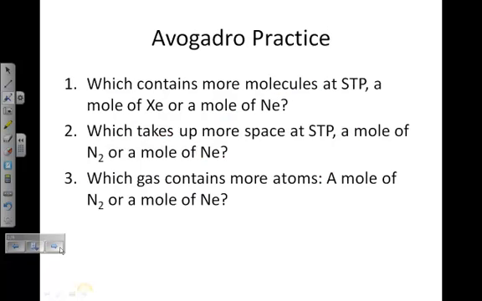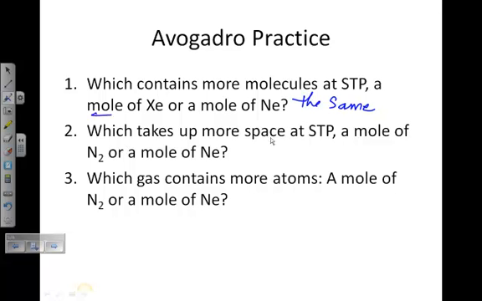Now for some practice. Let's see if you understand these concepts. Which contains more molecules at STP, a mole of xenon or a mole of neon? If you said the same, you were right, because as Avogadro's law implies, it doesn't matter what gas you have, they will have the same number of particles at STP for a mole.